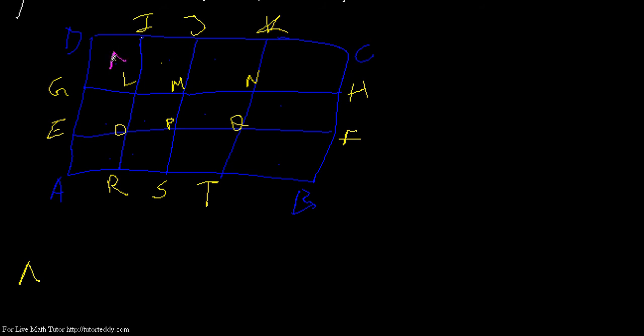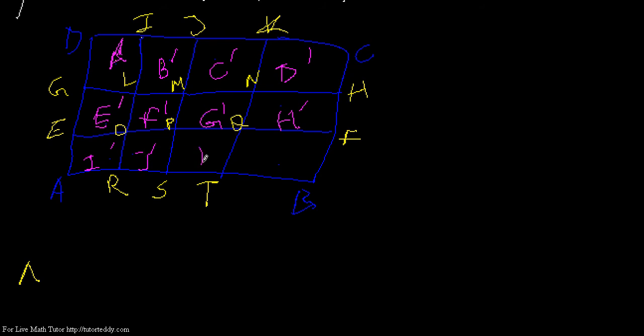Say this is A prime. Since I have marked the whole area as ABCD, I am denoting the boxes as A prime, B prime, C prime, D prime, E, these primes you can also call dash, E dash, F dash, this way, G, H, I, J, K, L, right?